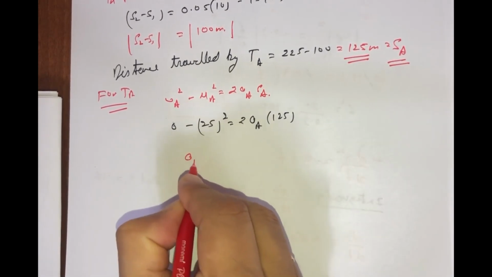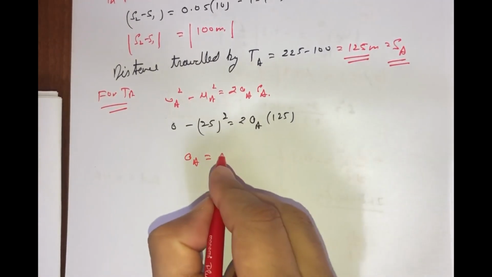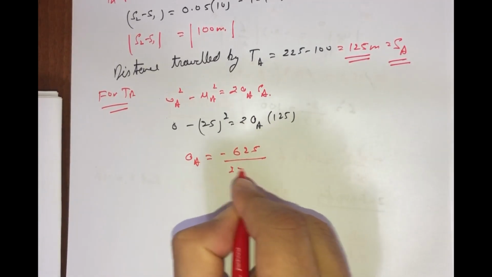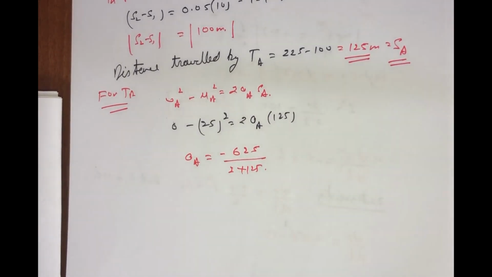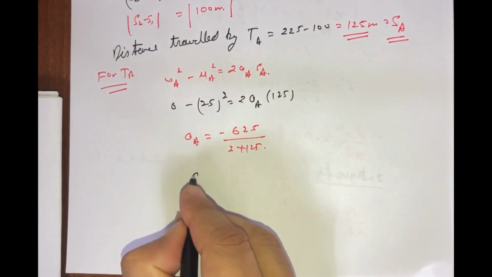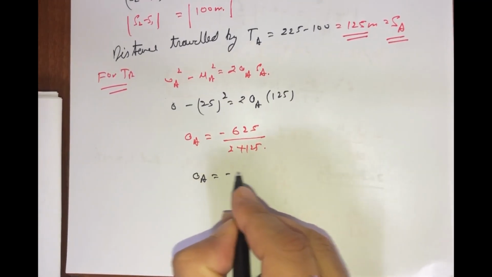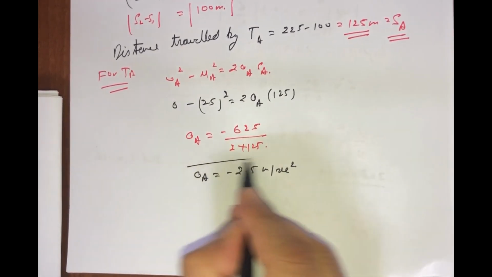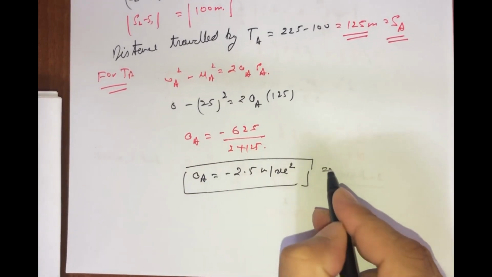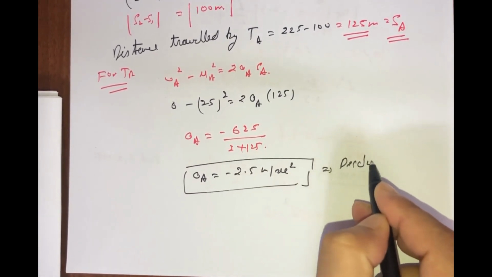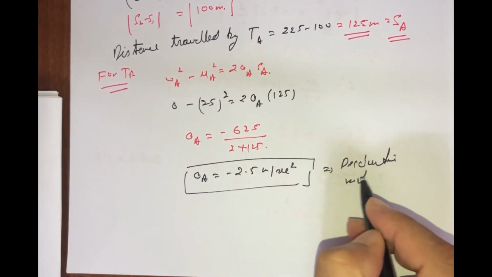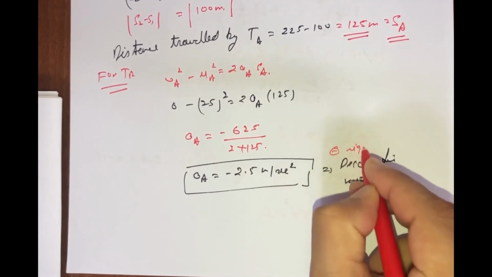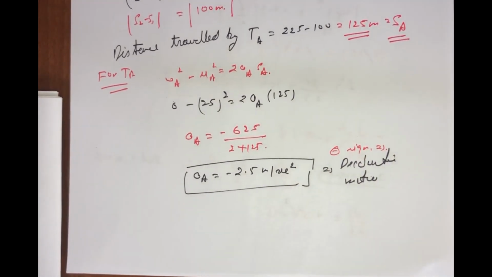So acceleration of A will be equal to minus 625 divided by 2 into 125, which is minus 2.5 meter per second square. Here the negative sign only means that it will be a decelerated motion.